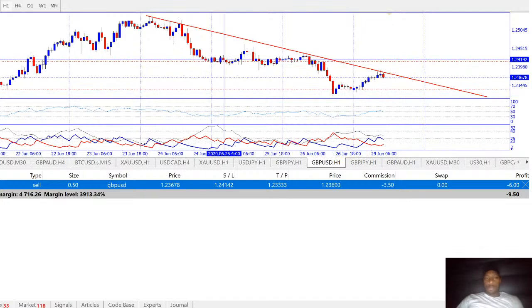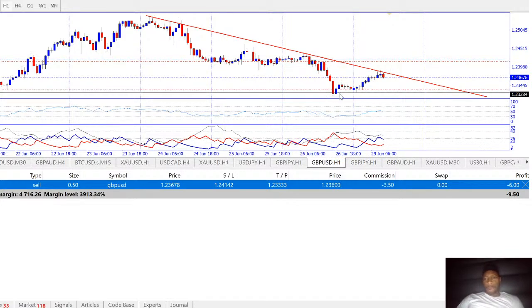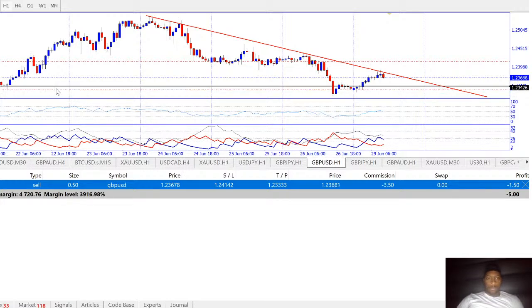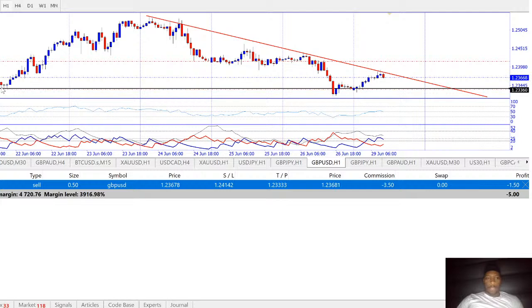So the market likes to follow support and resistance. It could come potentially down here, or like potentially here. It could test previous support or resistance. So that's why I have it here, and then my stop loss is up here for the old previous support.